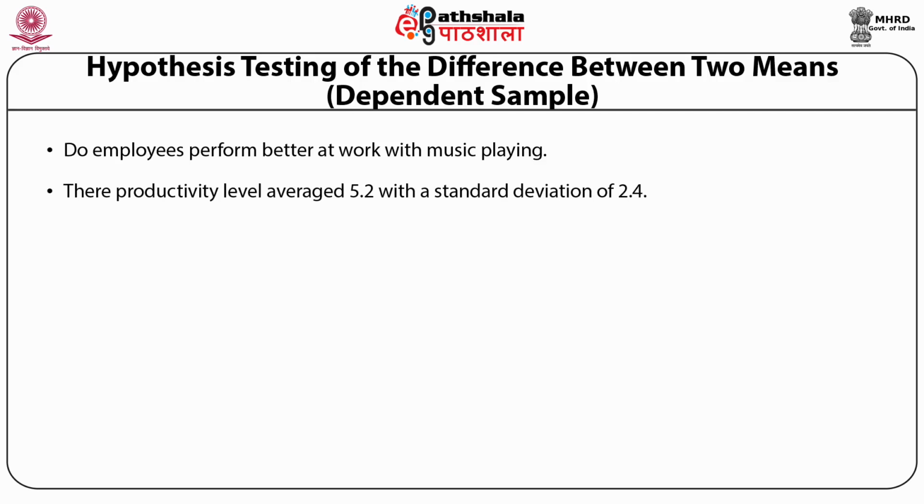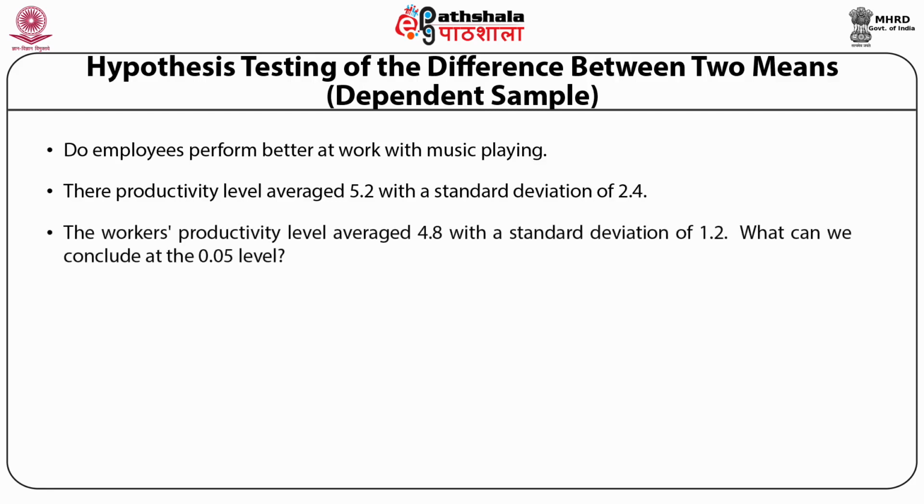On a different day, the music was turned off and there were 40 workers. The workers' productivity level averaged 4.8 with a standard deviation of 1.2. Now, what can we conclude from this at the 0.05 level?